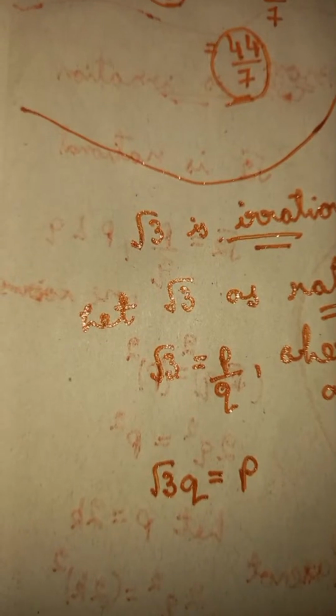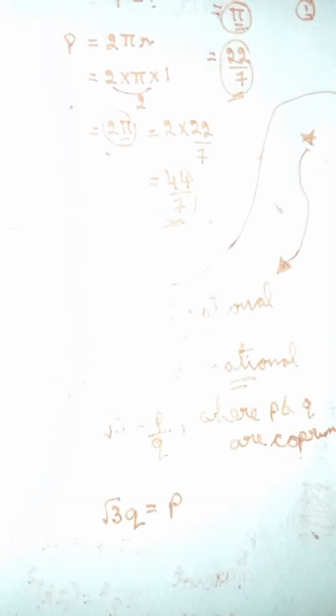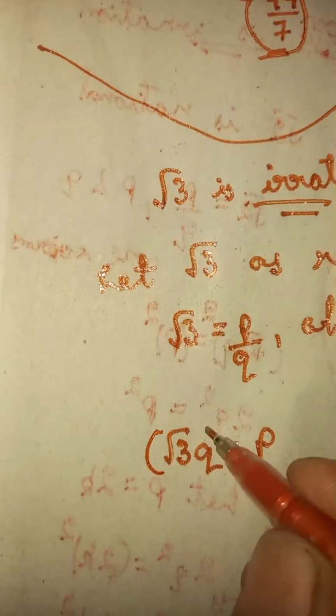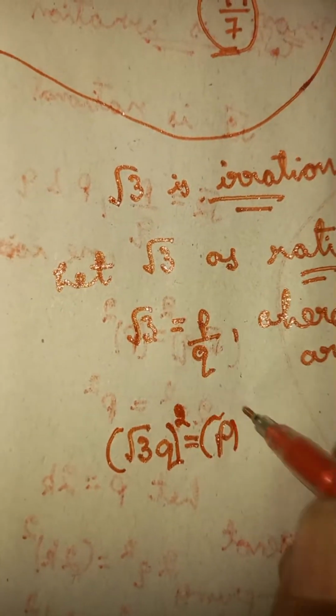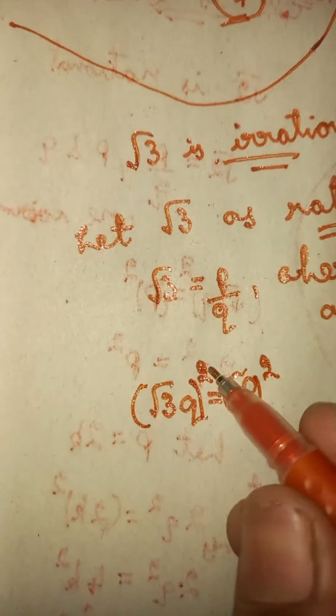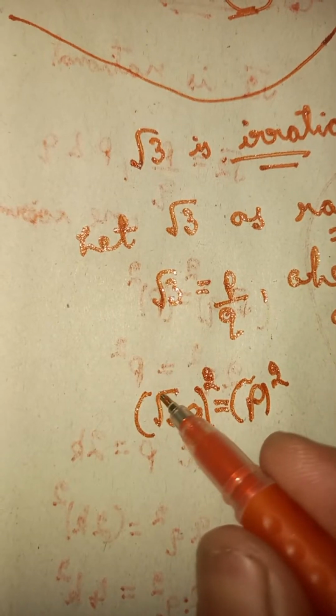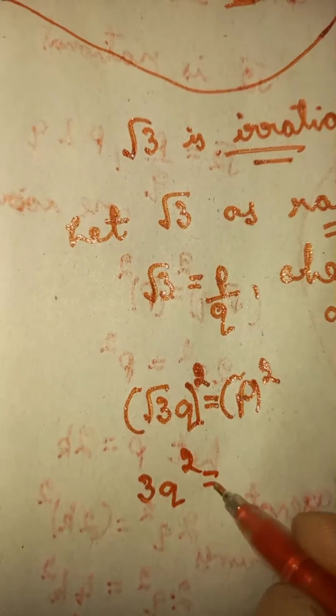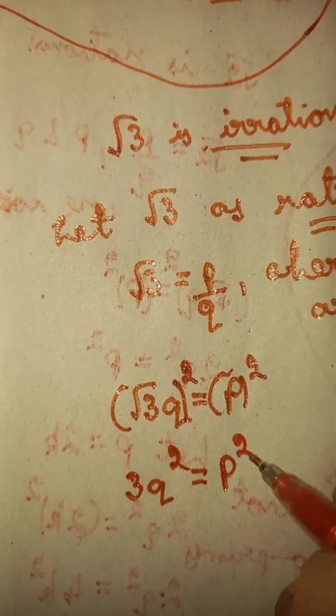After squaring, in the same way you're going to get root 3 Q whole squared here, and P squared here. Root 3 Q whole squared means root 3 squared is 3 and Q squared is Q squared, and P squared remains as P squared.